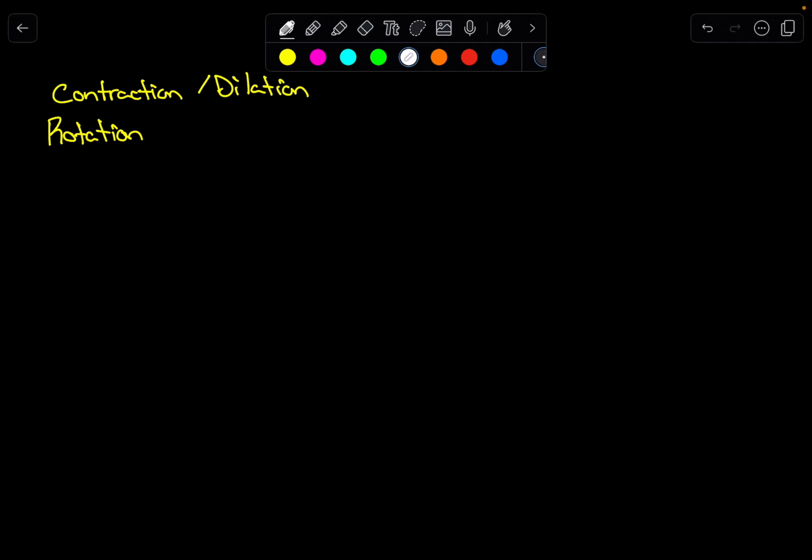So we're going to do 3 examples here. The first is contraction or dilation. This is usually the absolute easiest one. A transformation that is a contraction or dilation basically just means that our matrix, instead of just being the identity matrix, which is this thing right here, we call this the identity matrix.